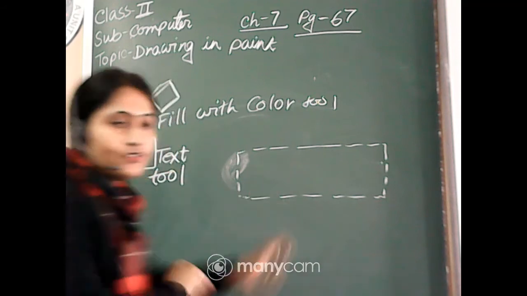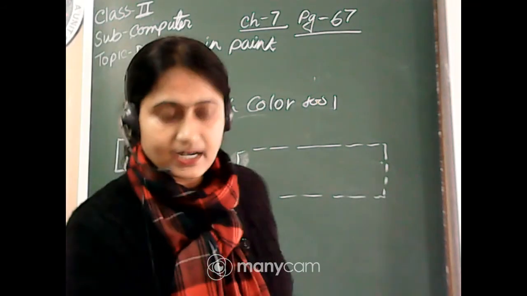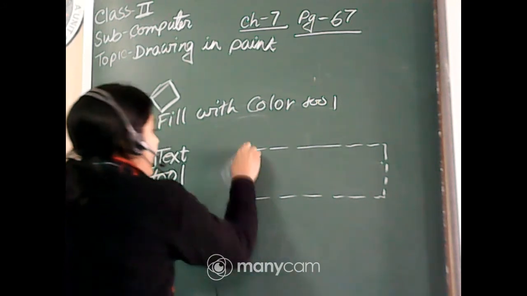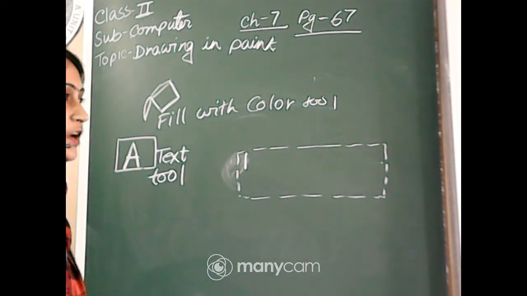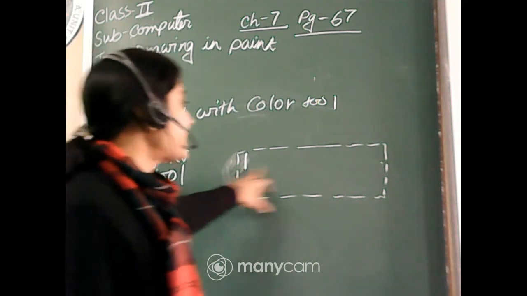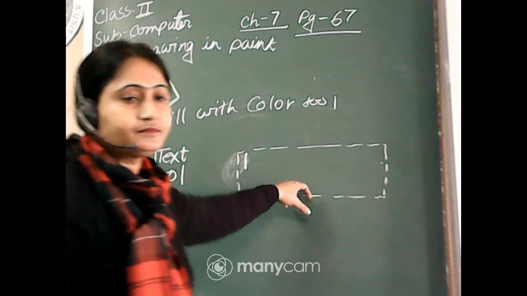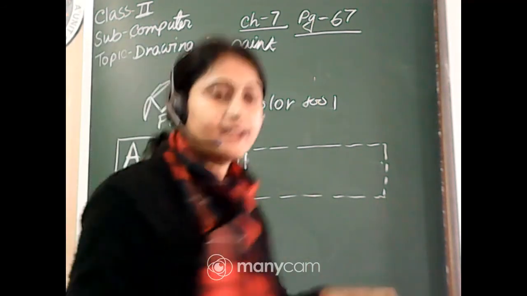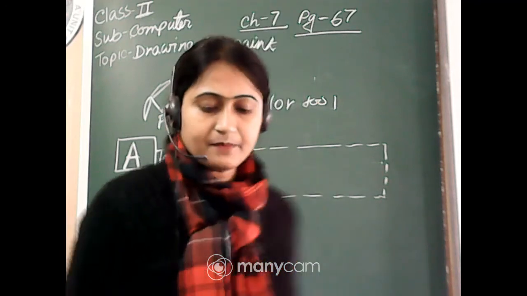Then you release the left mouse button, and inside the dotted line the cursor will be there. That means you can type inside the box.